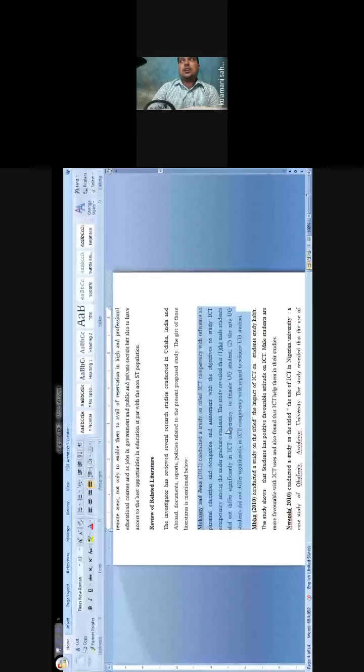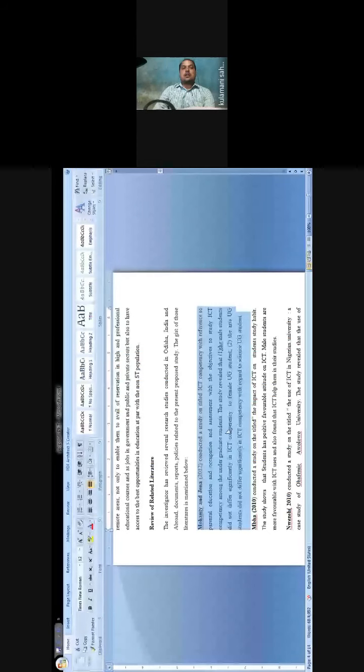Here I have highlighted for your kind information the part you can refer to: the name of the researcher followed by the year and the topic of the research that they have conducted, with the objective they have considered to carry out the research work, followed by the findings of the study.